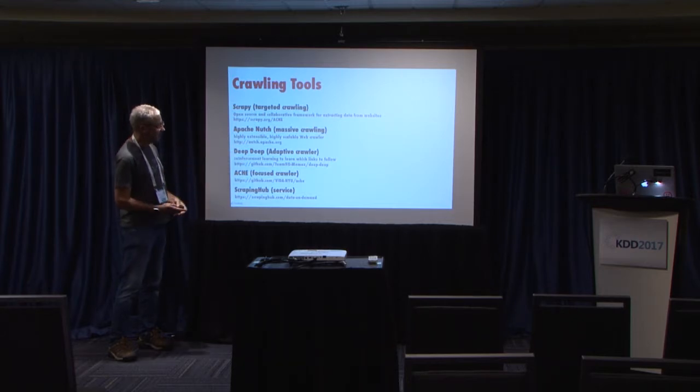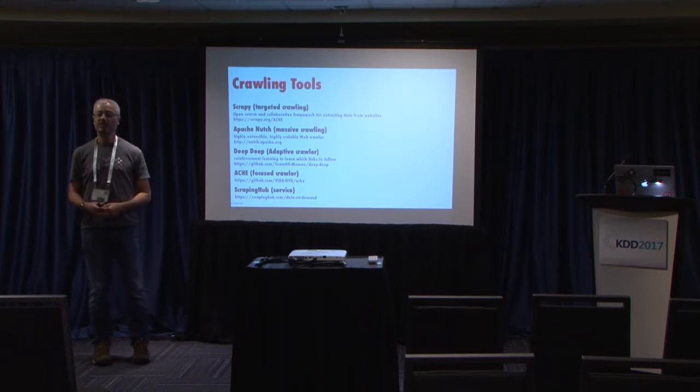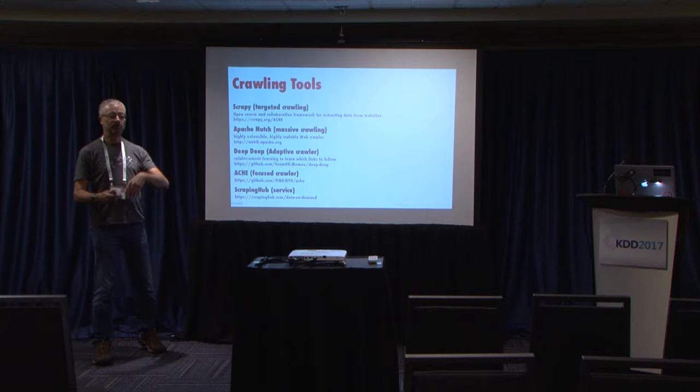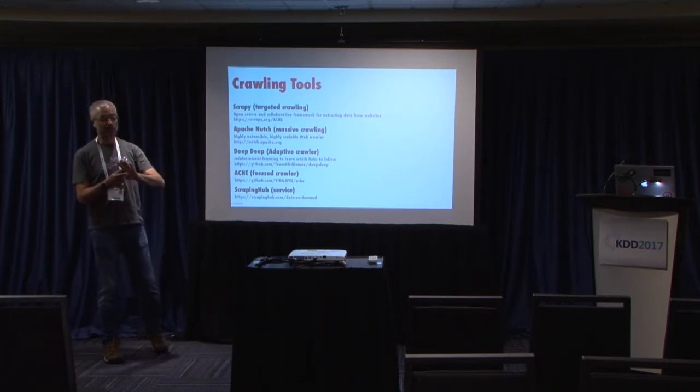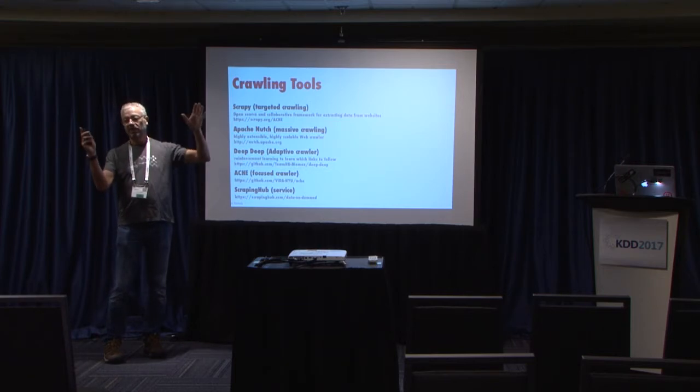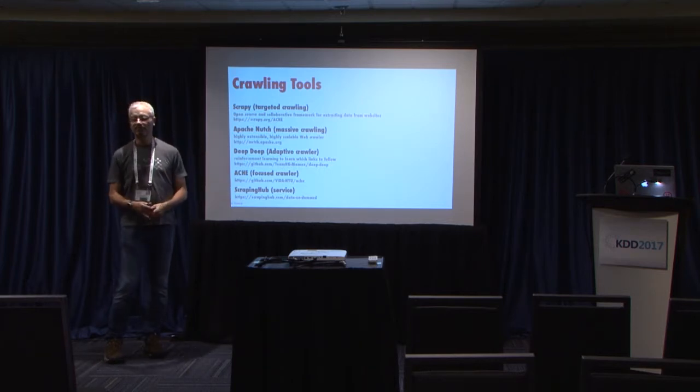Deep is an adaptive crawler, which will build a domain, a model of the pages that you are interested in through user interaction, and then launches crawlers that can go both broad, and then they can also hit some websites and go deep inside them.